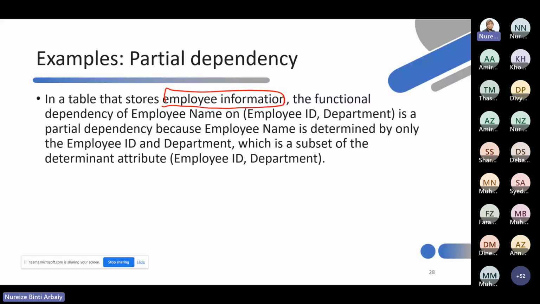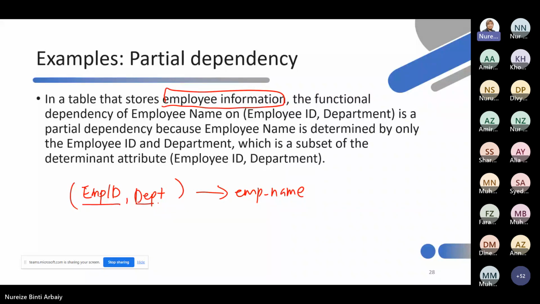So in this case, there are two primary keys, employee ID combined with the department. Department is used to determine the employee name.